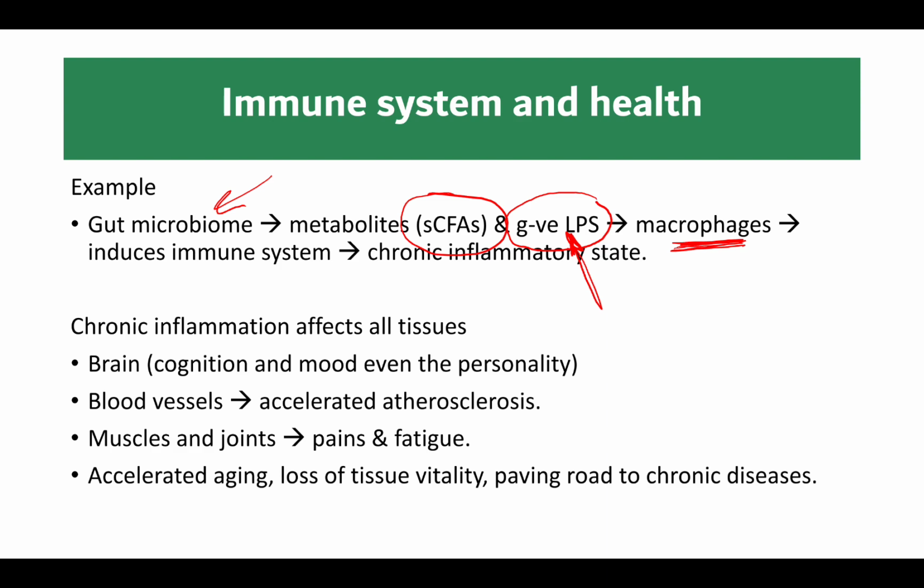This chronic inflammatory state is very bad for two reasons. Number one, it devitalizes the tissues. Number two, it consumes the body's efforts in fighting inflammation rather than reserving this effort and this energy to build the tissues. So chronic inflammation can affect the brain. That's why patients who have the ApoE4 gene can get Alzheimer's easily.